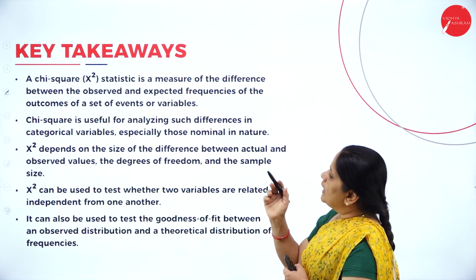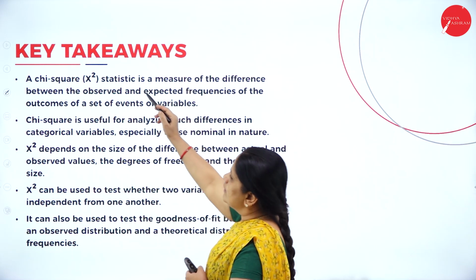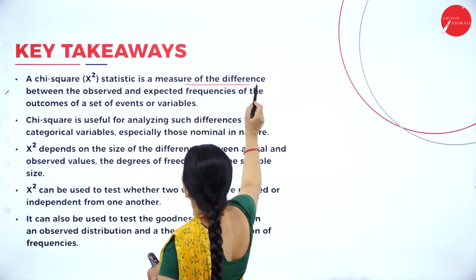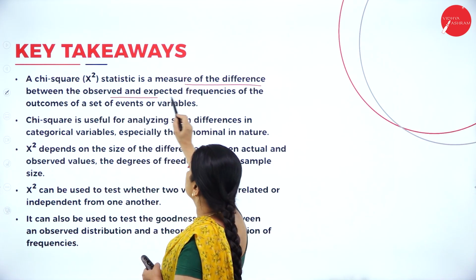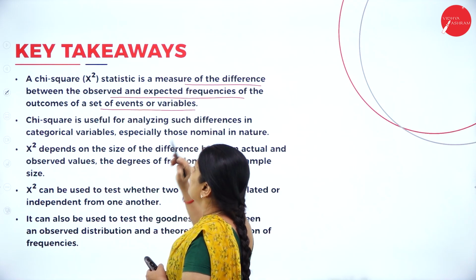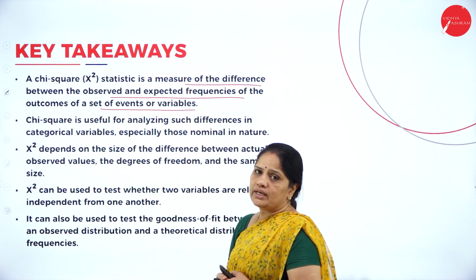Next, chi-square. This is the symbol for the chi-square statistic. It is a measure of the difference between the observed and the expected frequencies of the outcomes of a set of events or variables.